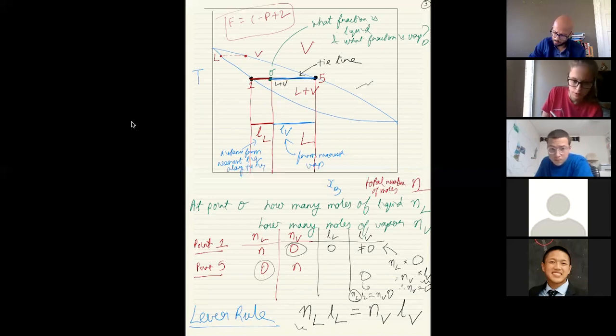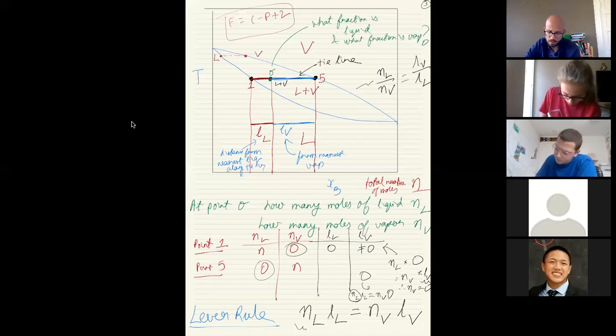Another way of thinking about it is that NL by NV is equal to LV by LL, where LL is capital L with subscript capital L. So as you move along this line, what happens to LV?